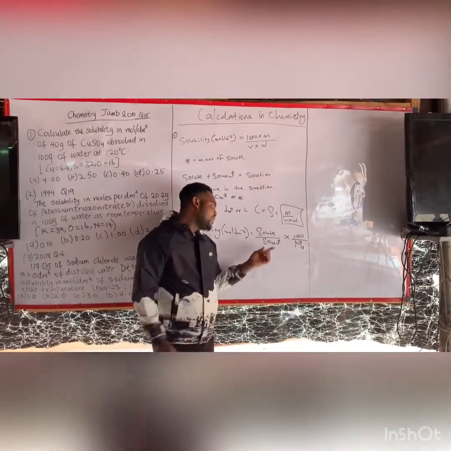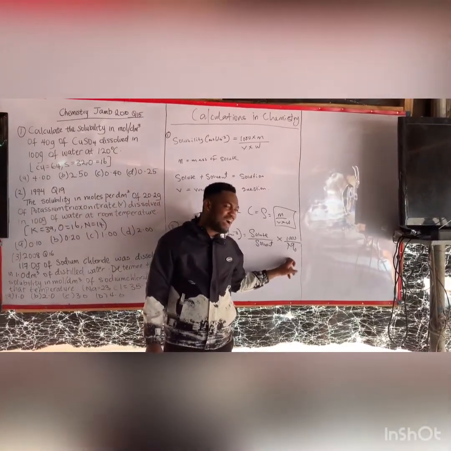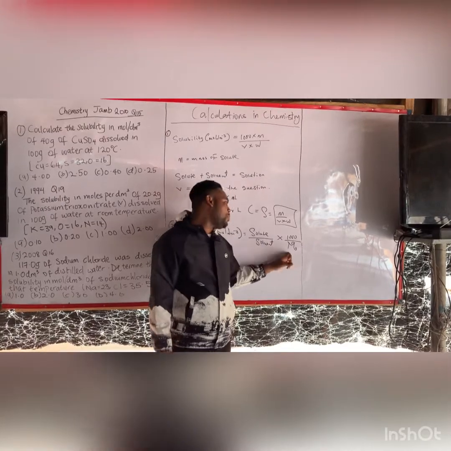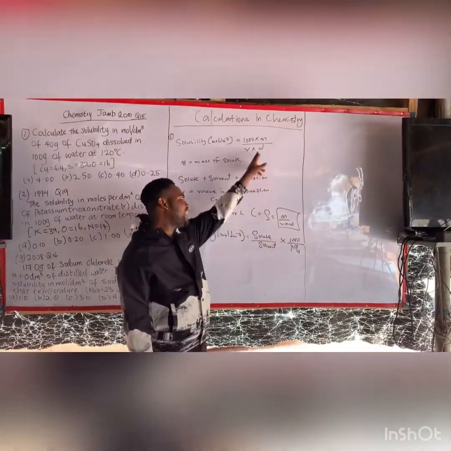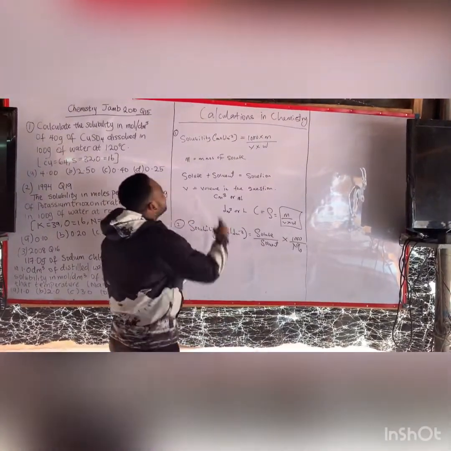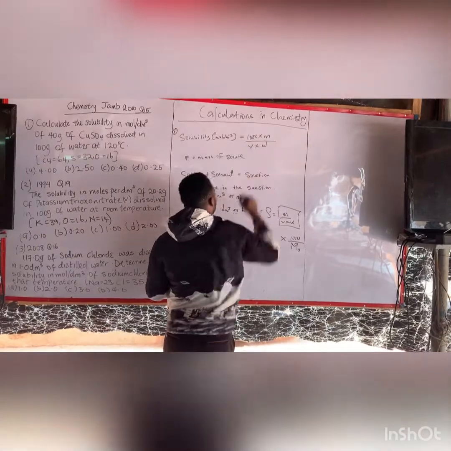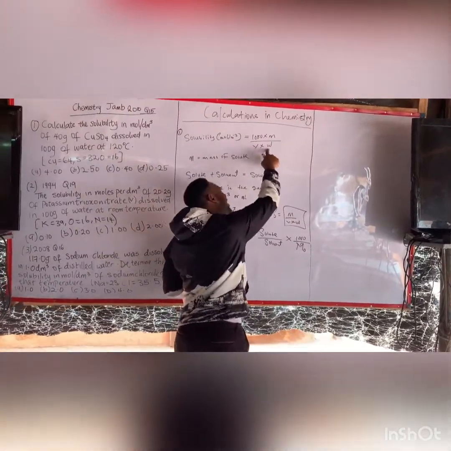Now this formula says solute divided by solvent multiplied by 1000 divided by molar mass. Now molar mass of what? The molar mass of the solute, just like the w in the first formula. The w in the first one is also the molar mass or molecular weight of the solute.